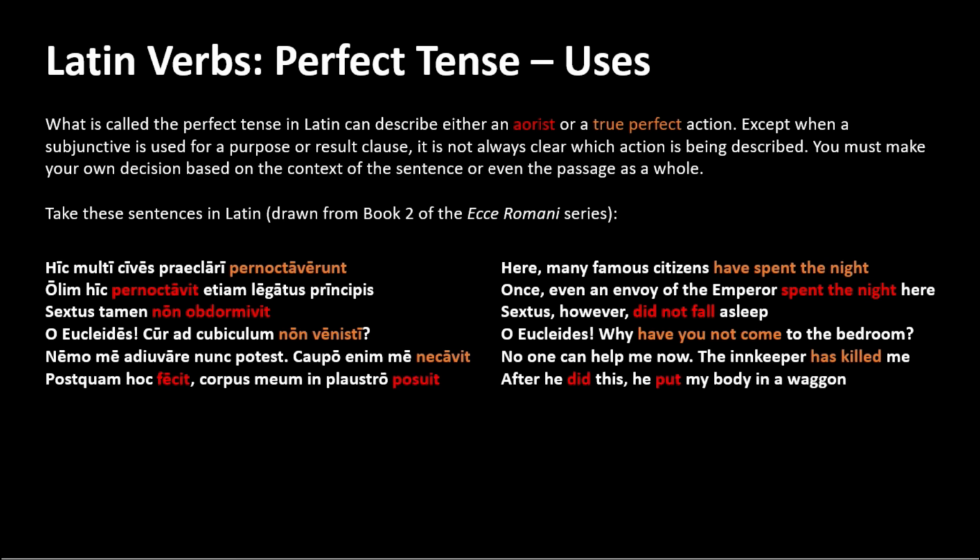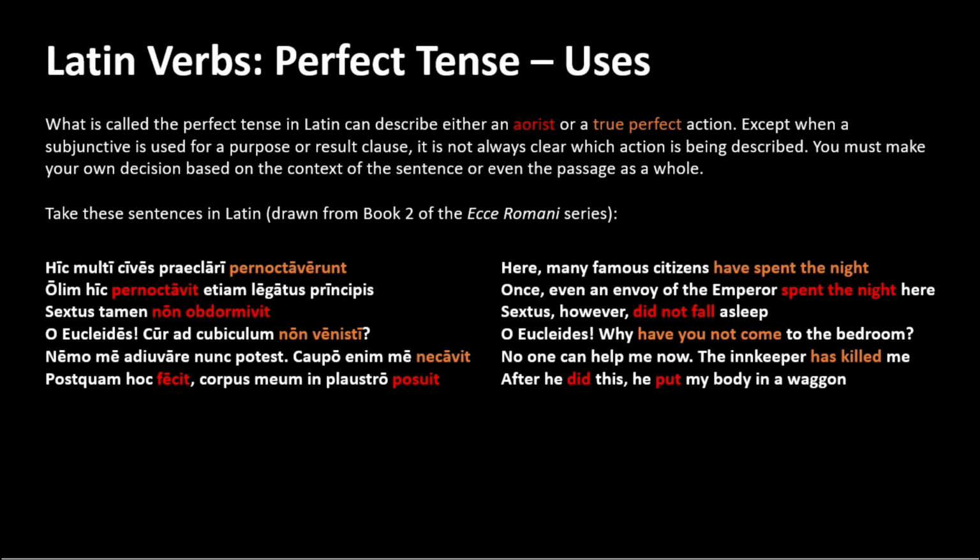Here is another statement by the spirit of the dead man. Postquam hoc fecit, corpus meum in plaustro posuit. After he did this, he put my body in a wagon. We use the aorist to translate this particular statement. The reason is that it is a set of statements about the past.